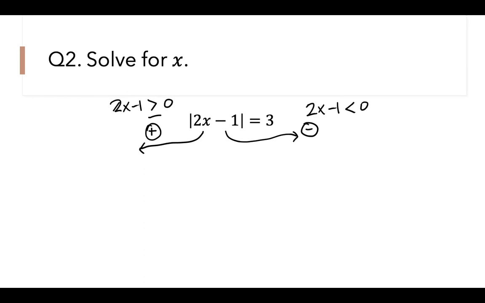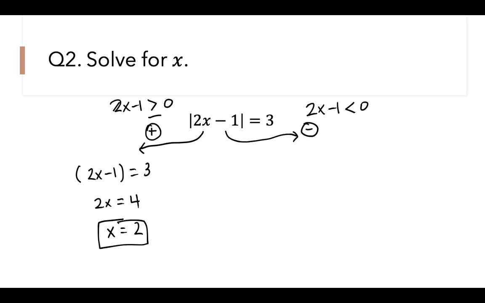If it's greater than 0, it's going to be positive. So 2x minus 1 equals 3. Therefore, 2x is equal to 4, x is equal to 2.